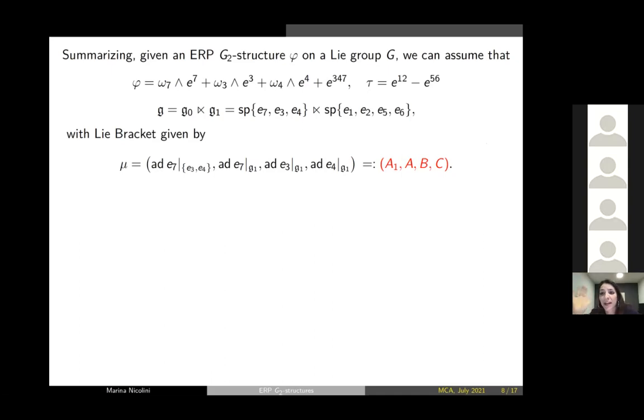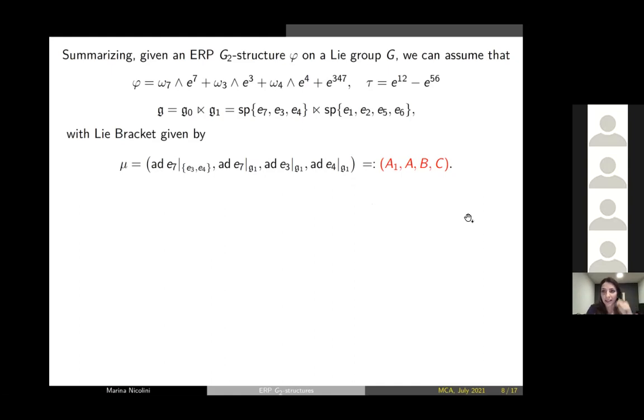We can assume this for every ERP G2 structure on a Lie group. So since Bryant's example is equivalent to an example on a Lie group, it can have this structure. I'm going to write Bryant's example with this structure after this.